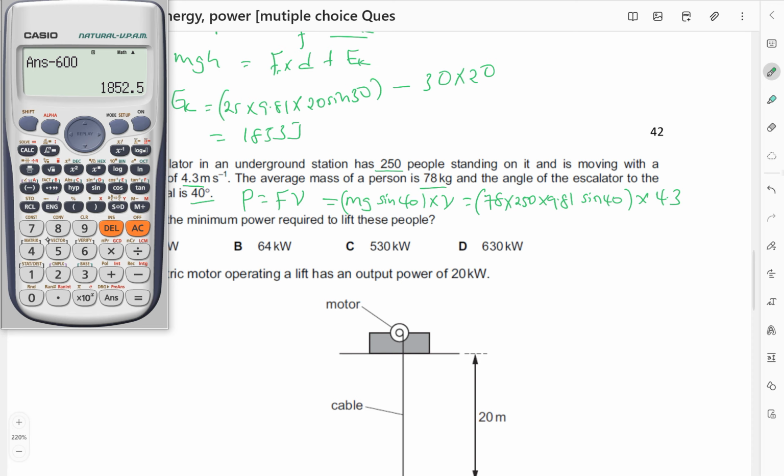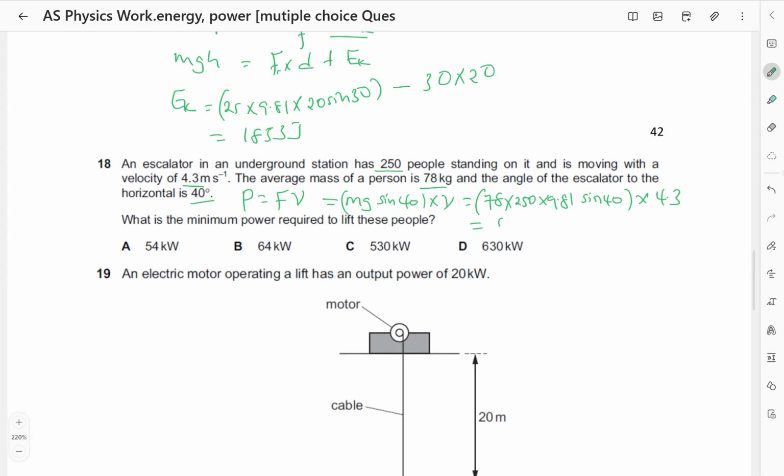So I'll just press my calculator, 78 times 250 times 9.81 sine of 40, then times 4.3. So this is giving me 528,737 watts.